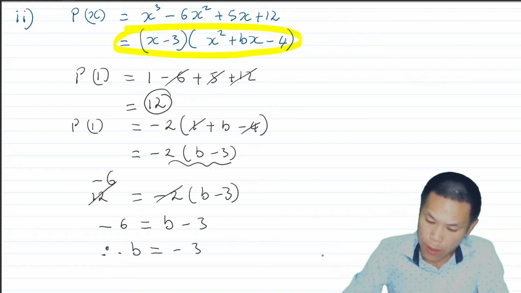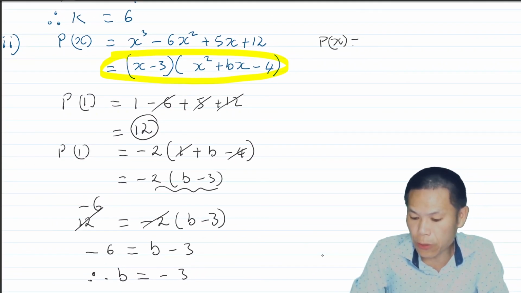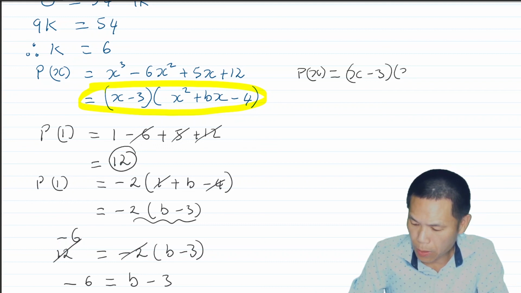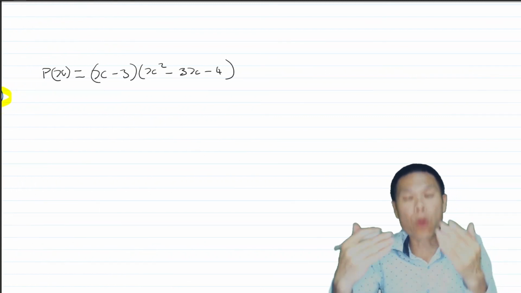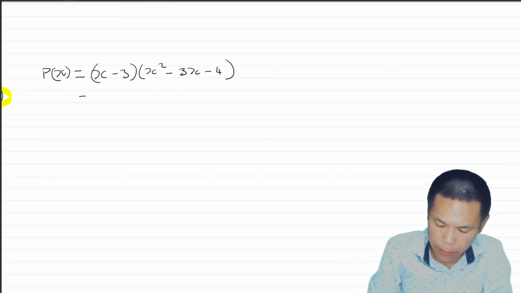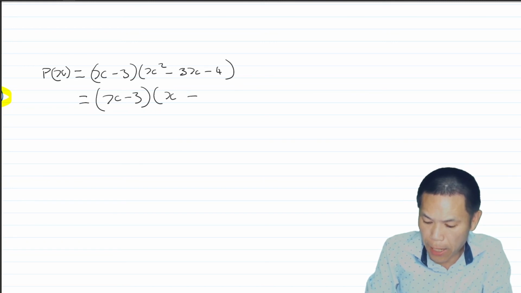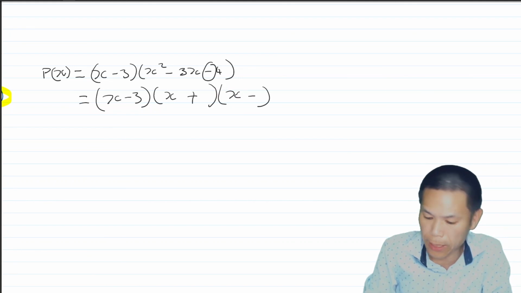So therefore, p(x) I just write in here. p(x) is equal to (x minus 3)(x squared minus 3x minus 4). There you go. Then of course, I need to factorize this further. To factorize this, that will give me (x minus 4)(x plus 1), because it's a minus, so we have 1 plus 1 minus, or 1 minus 1 plus, okay?